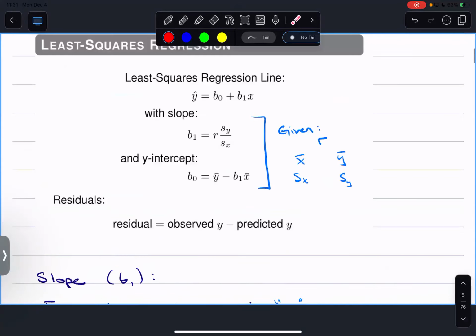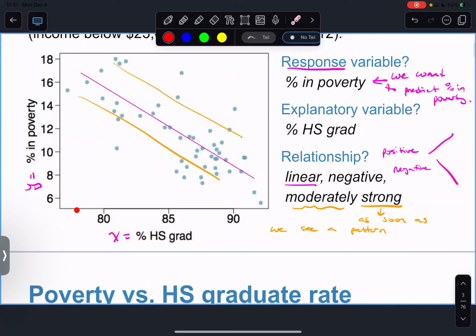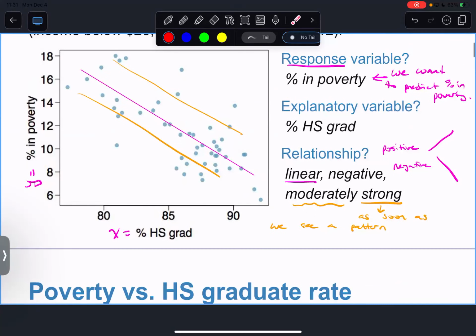Another way that you could look to figure out if it's meaningful is the domain, or sometimes I get lazy and I call it the range, which if you've done math, doesn't make sense. But the range of our X values is between, looks like, 75 to 95-ish. So there is no value at X equals 0, right?